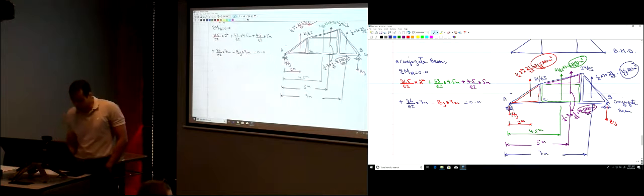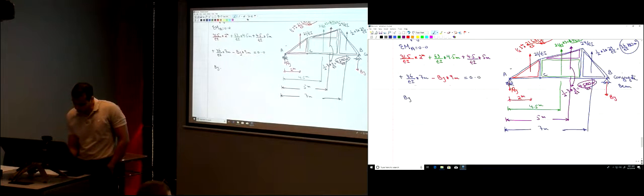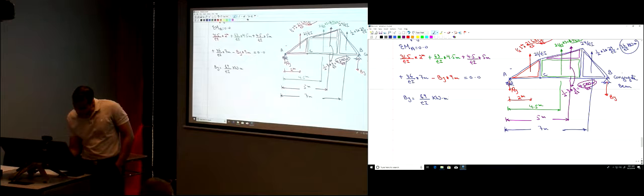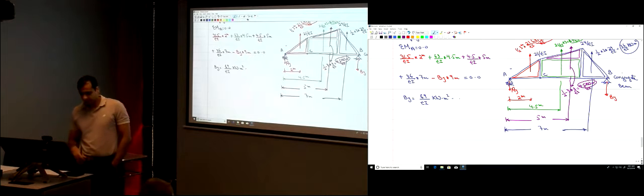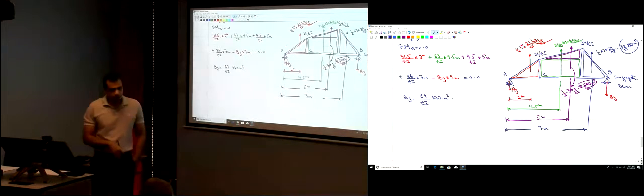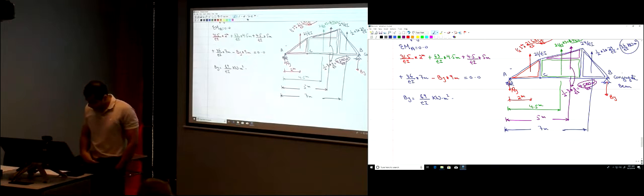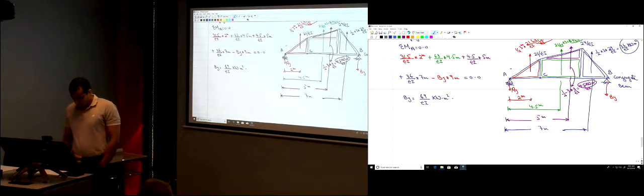So from this equation, you can go ahead and find By. So By is going to be 69 divided by EI kilonewtons meter square. That's the slope. That's By.